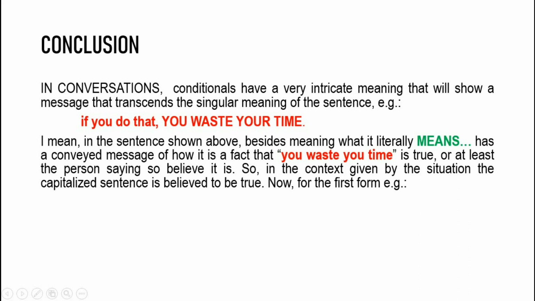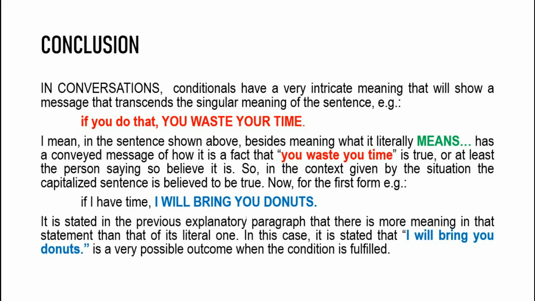Now, for the first form of conditional, if I have time, I will bring you donuts. It is stated in the previous explanatory paragraph that there is more meaning than the statement that you all see in the literal version of the sentence itself. In this case, it is stated that I will bring you donuts. It's a very possible outcome when the condition is fulfilled.